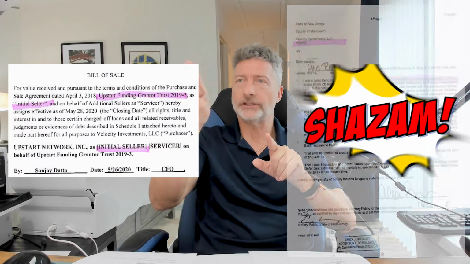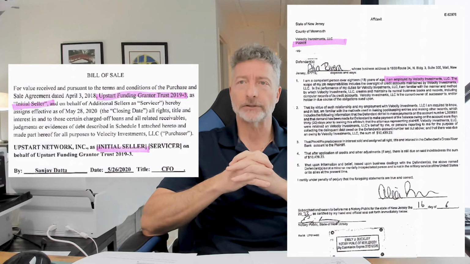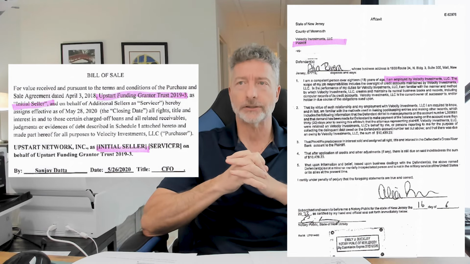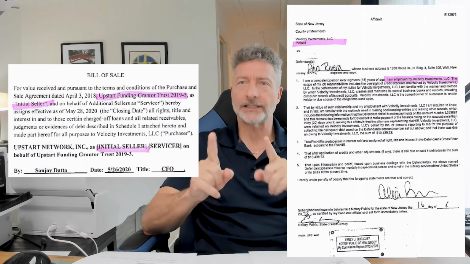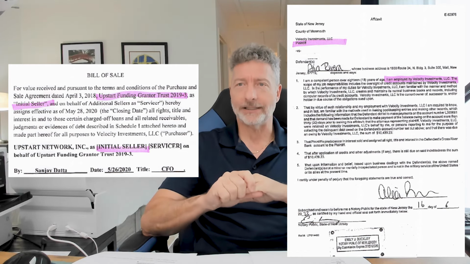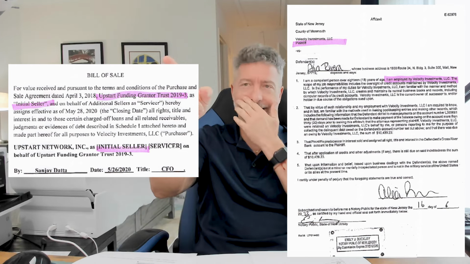Let's put the affidavit next to the bill of sale, Cindy. Shazam. Do you see any reference there to, in this case, the bill of sale is from Upstart Funding Grantor 2019-3 being the initial seller to Velocity? There's nothing in her affidavit, as you see.